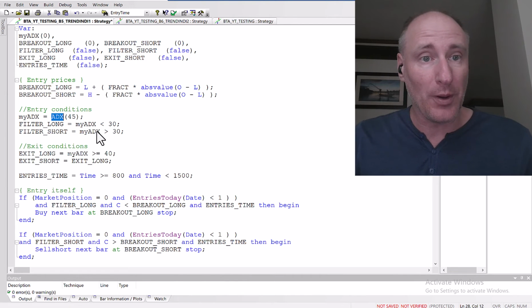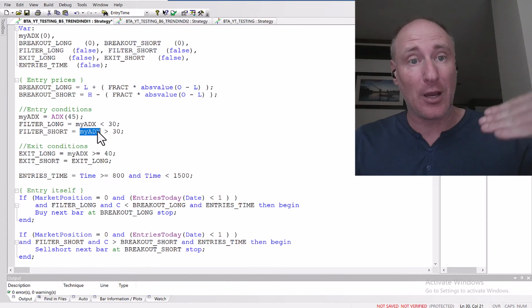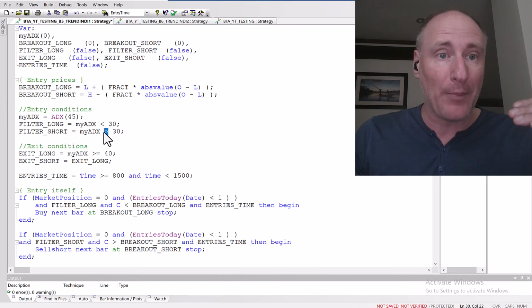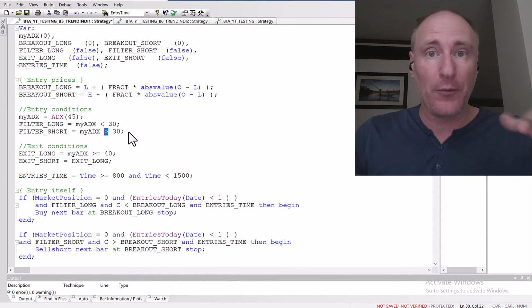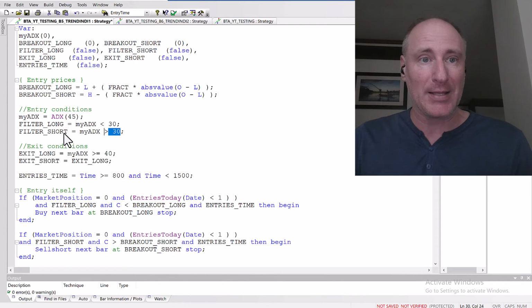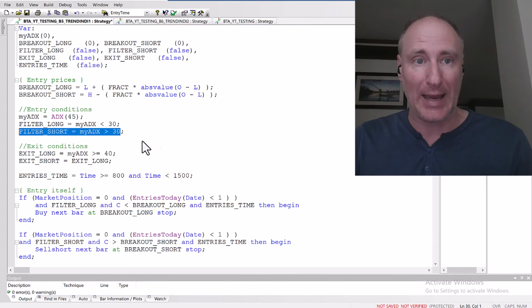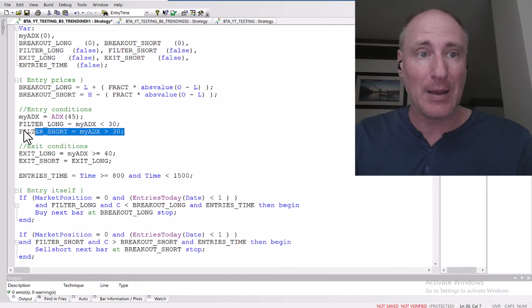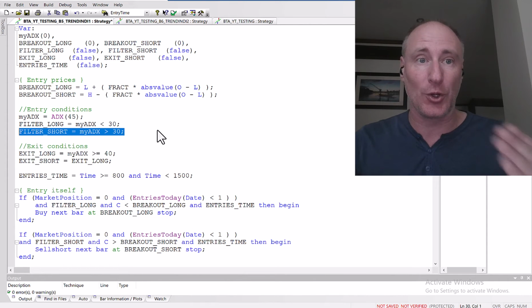Now, the normal interpretation, as I already shared with you, says that you should enter the position when above a certain threshold. And we found out in our research that this applies very well for the short side on indexes. So for example, when ADX period 45 is above 30, that's a perfect moment to enter a short trade.